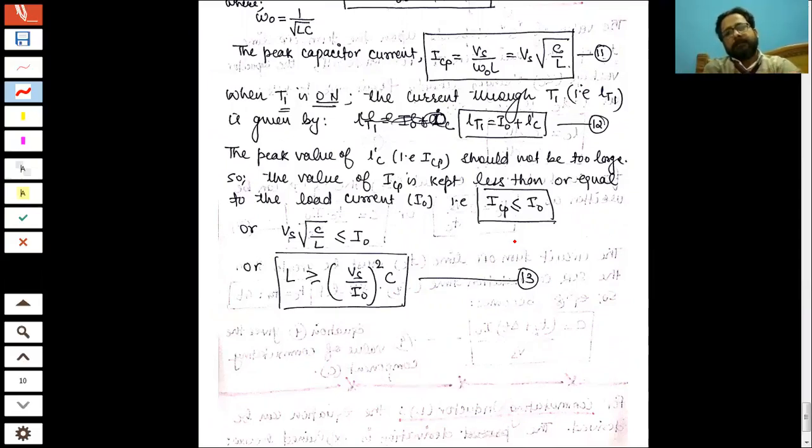So I will inform about the way or format of the question paper and mode of implementation, right?